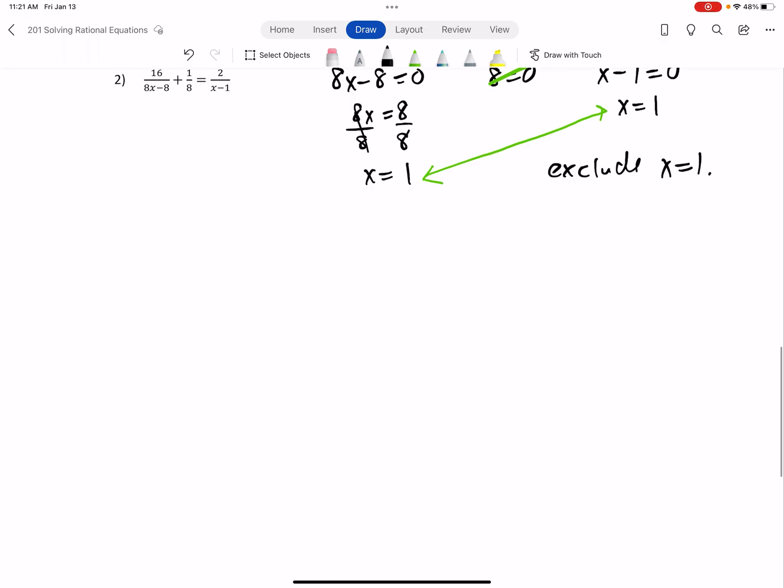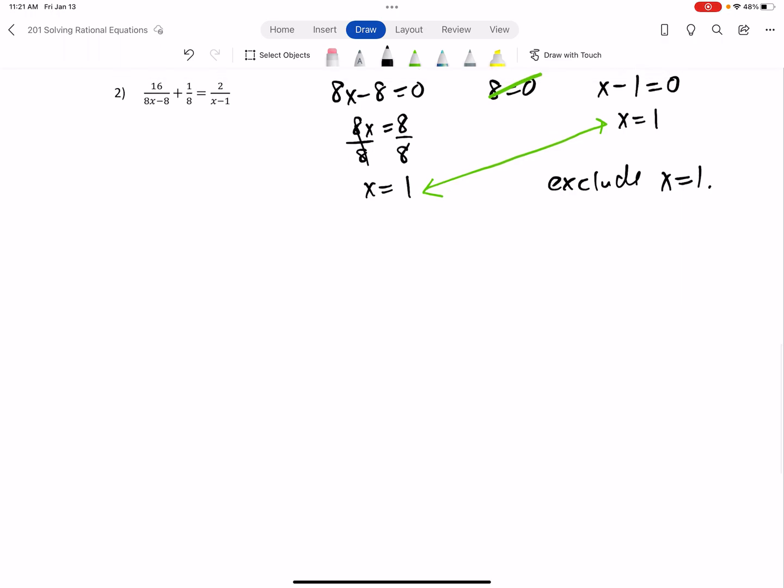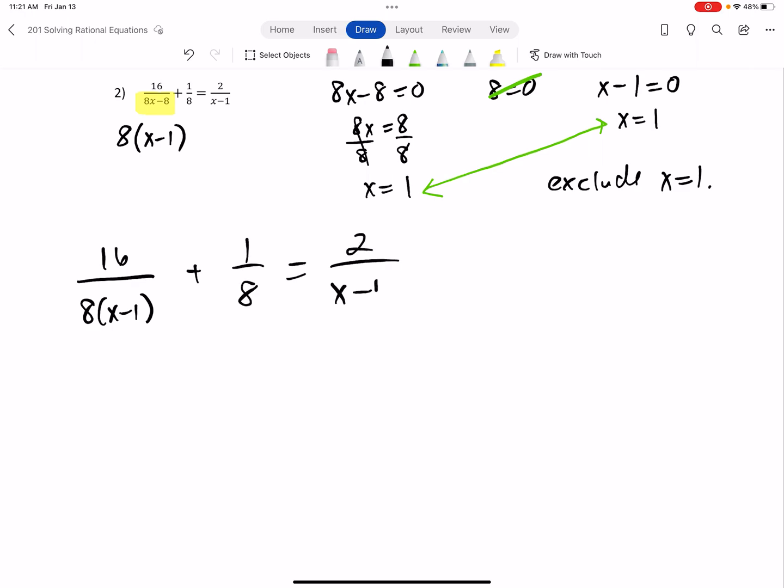When I look at this equation, I'm going to write it a little bit differently because I notice that this 8x minus 8 has a common factor. So instead of writing 8x minus 8, I can write 8 times x minus 1. So this equation looks like 16 over 8 times x minus 1 plus 1 over 8 is 2 over x minus 1.